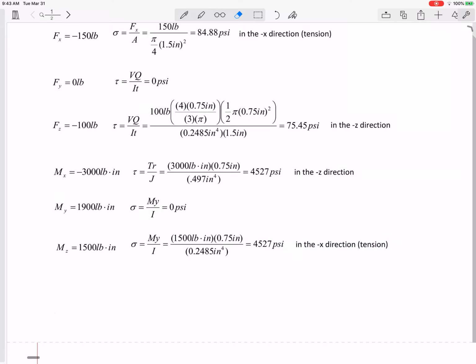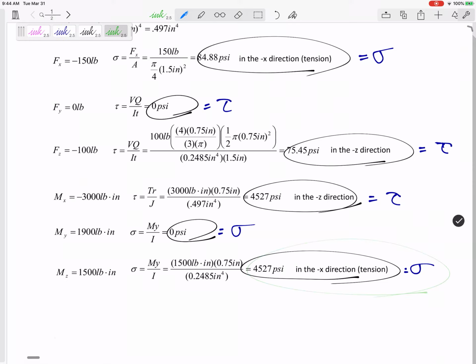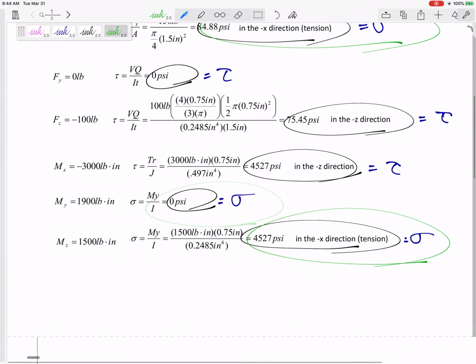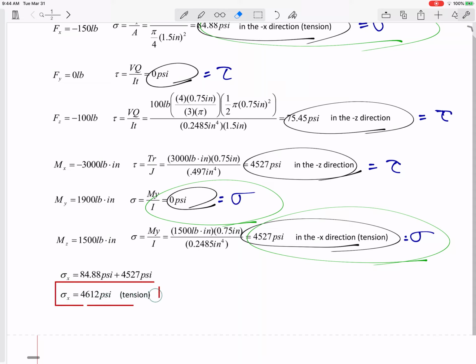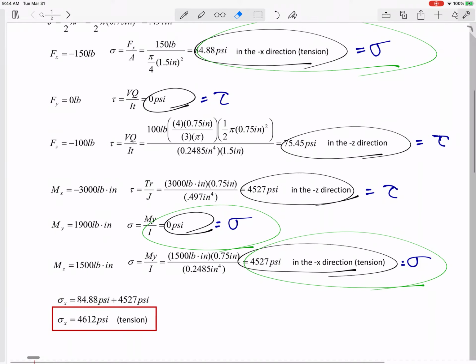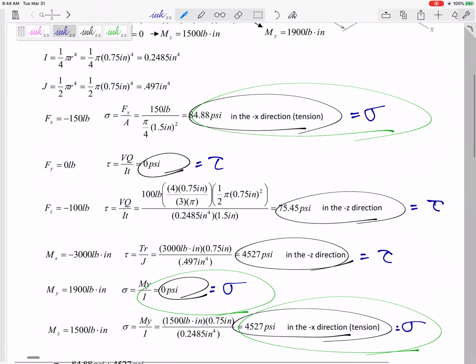But all of the sigmas I can combine together. All right. 84.88 and 45.27. Both of those were in tension. So there's my final answer. 46.12 psi in tension. All right, now the taus I can combine if they're in the same direction.